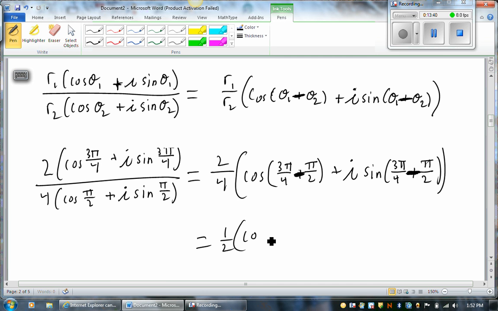So we just end up with cosine of pi plus i sine of pi, and when you do the values of cosine, values of sine, simplify, reduce, you're going to get negative 1/2.